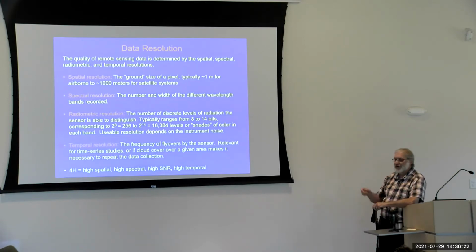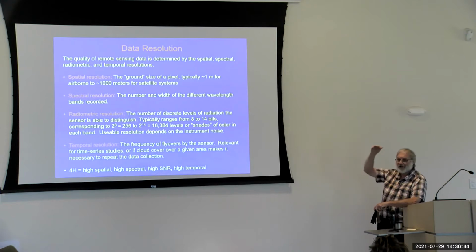A lot of systems now are 10 or 12 bit, and up to a 14-bit sensor, which would be 2 to the 14th, or 16,000 different levels that you can separate the incoming signal into. You can think of those as different shades of a particular color, like red, green, or blue, that go from 0 at black to 1 at totally saturated, with 16,000 levels in between.